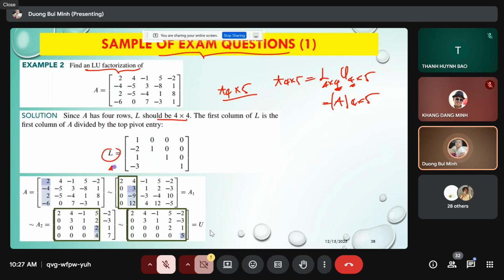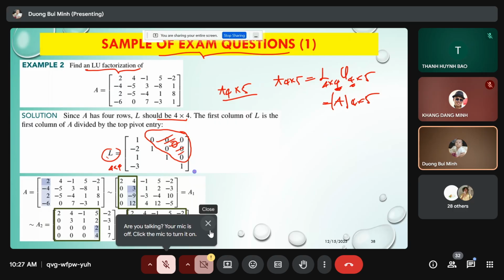L is a lower triangular matrix, so the elements above the diagonal must be 0 here.